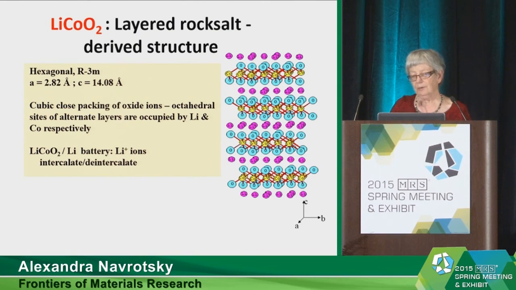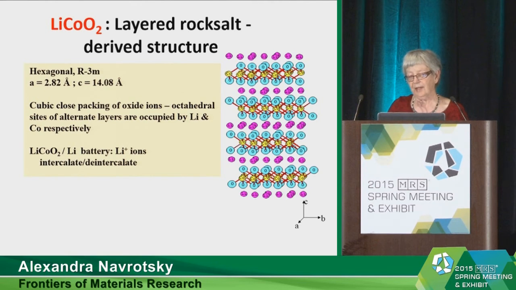So we have a parent rock salt structure, but we have layers of the lithium, layers of the cobalt, and of course, as one lithiates or delithiates, one reduces or oxidizes the cobalt, and that is your method of energy storage. But of course, to get those electrons in, to get those lithiums in and out, one needs to have transfer through the surfaces, through the interfaces.